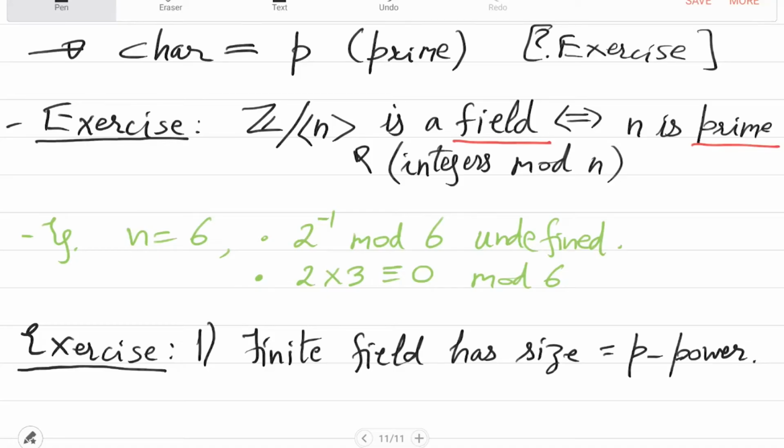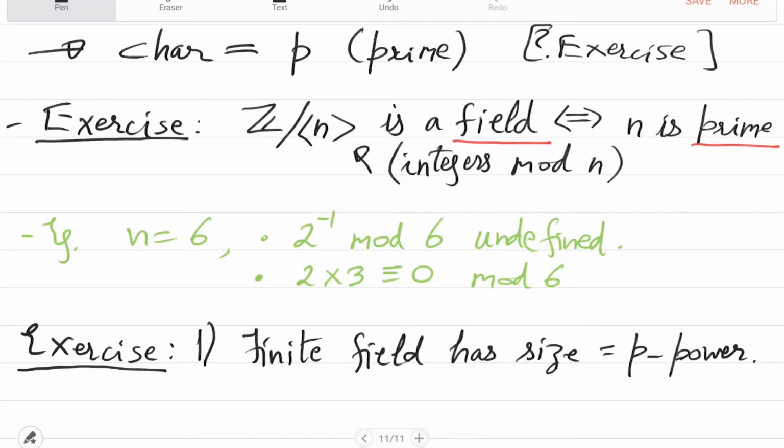So these in fact exist because you take an irreducible polynomial of degree d with coefficients in F_p, and you look at F_p[x] mod that polynomial. So this will give you a field of size p to the d. Okay, so these exist, and also importantly these are unique.